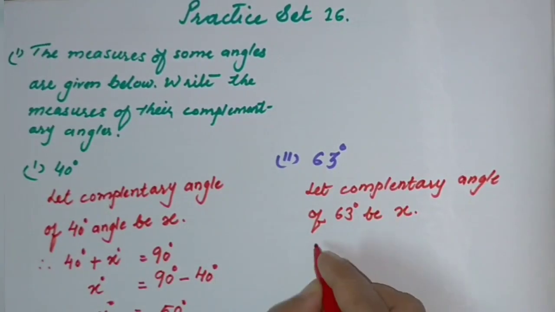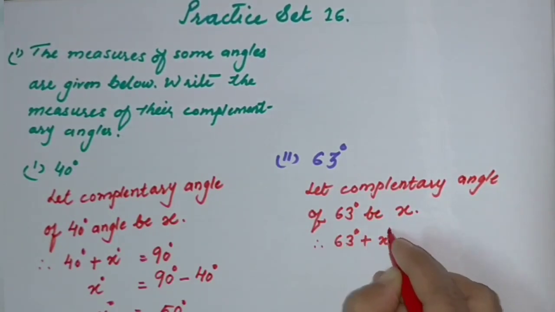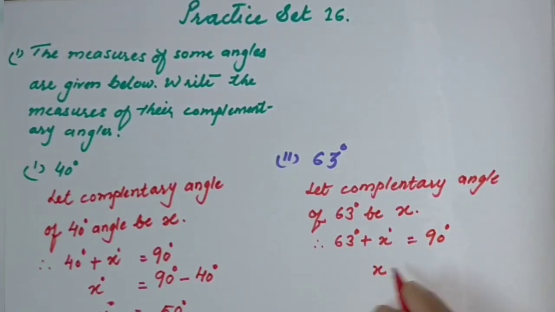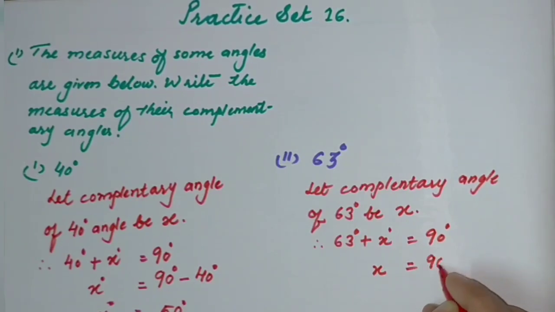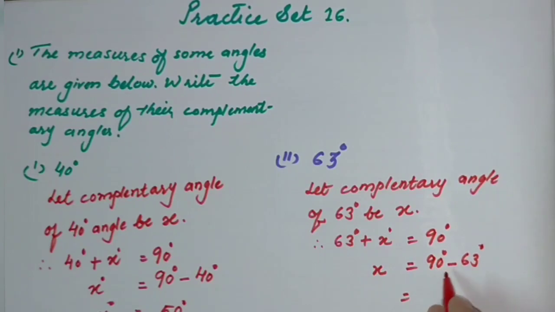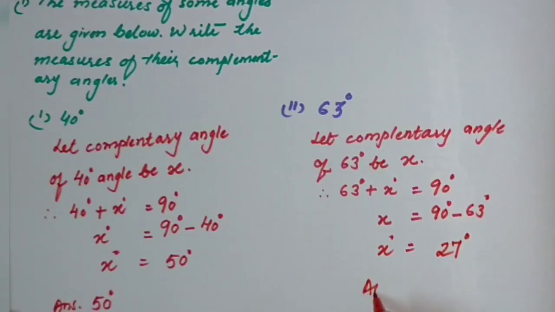Okay, now same way 63 degrees plus x degrees is equal to 90 degrees. Now we have to find the value of x, therefore 90 degrees minus 63 degrees. Here subtract 63 from 90: 10 minus 3 is 7. Now it becomes 8, and 8 minus 6 is 2. So 27 degrees. Therefore the answer is 27 degrees.